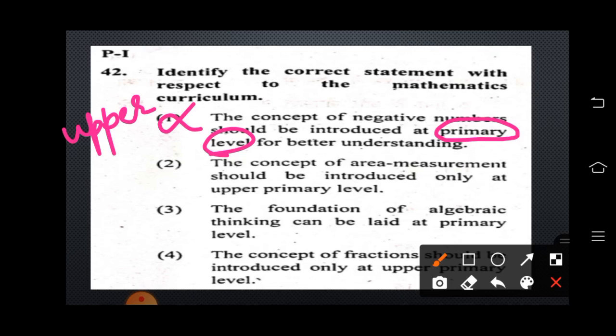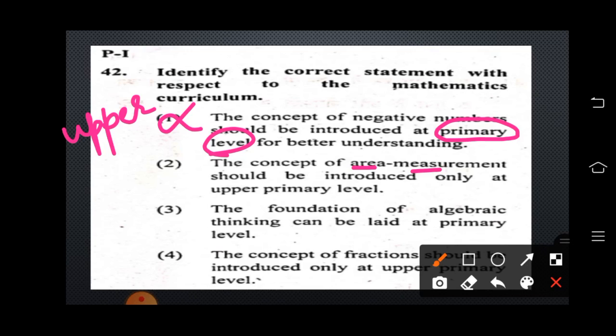Option number 2, the concept of area measurement should be introduced only at the upper primary level. Area and measurement are easy concepts and we can show them through figures. For example, when we are teaching measurement, we can teach the students how many glasses of water are needed to fill one water bottle.